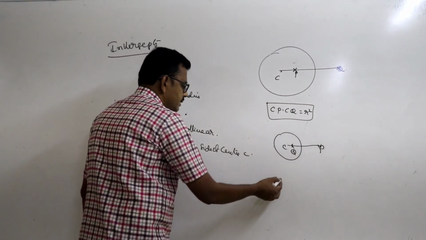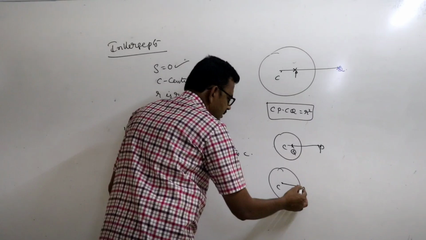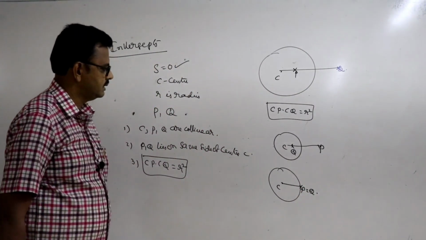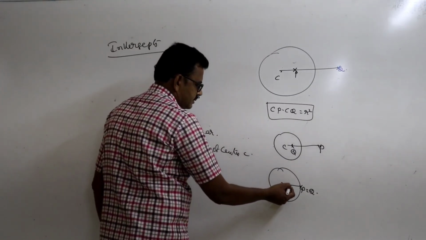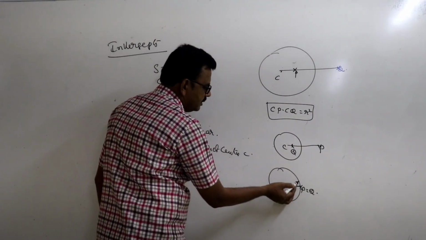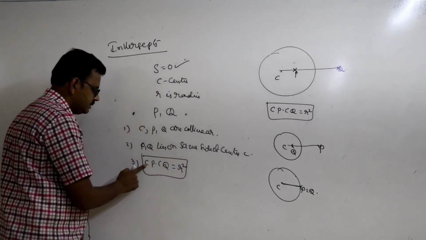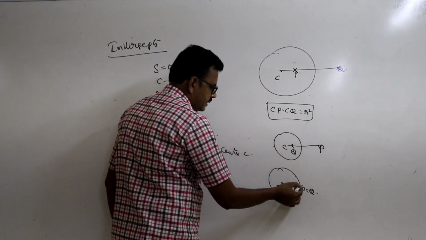If the point P lies on the circle, the inverse is itself, because P equals Q. Since the points are collinear, it is not possible for the point to be elsewhere, even though the condition CP into CQ equal to r square is satisfied. Suppose CP is the radius.